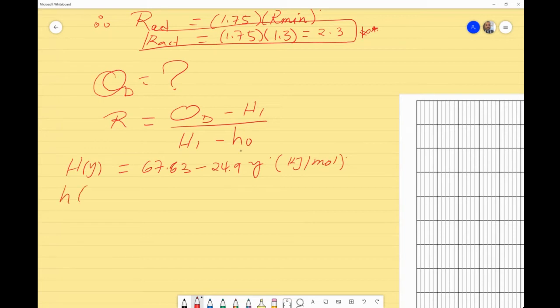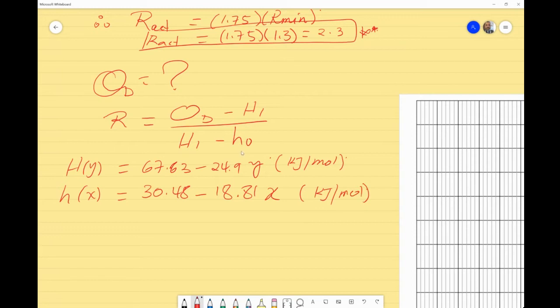And h small as a function of X is basically 30.48 minus 18.8 X here, and this is also in kilojoule per mole.